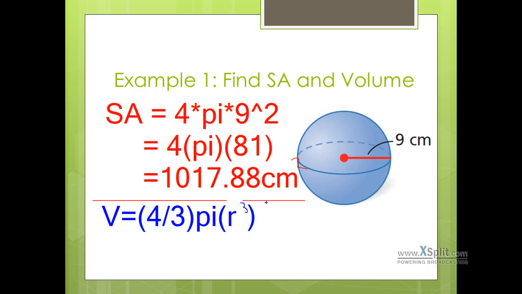Multiply that by pi. Multiply that by 4, divide by 3. That's going to give us a grand total volume of 3,053.6 centimeters cubed. That's our volume of this sphere right here.